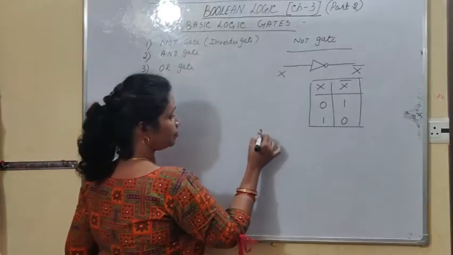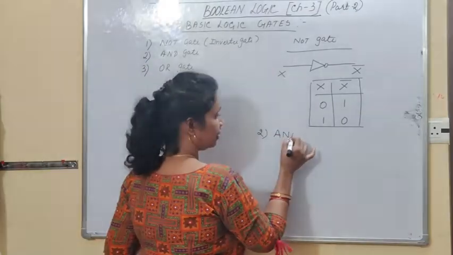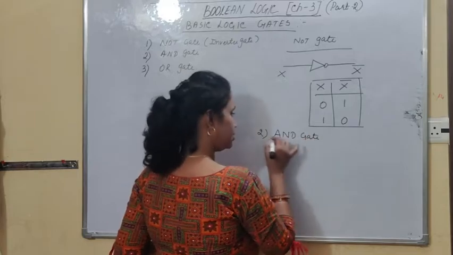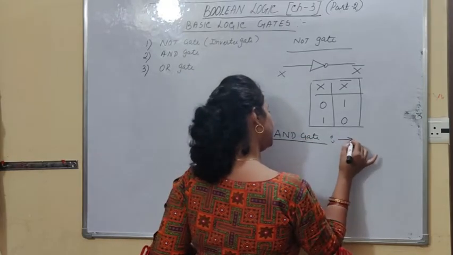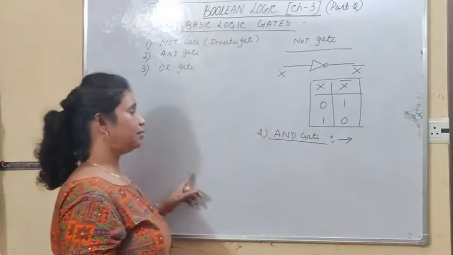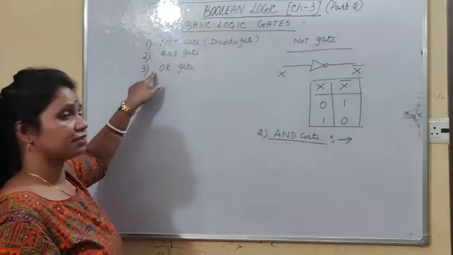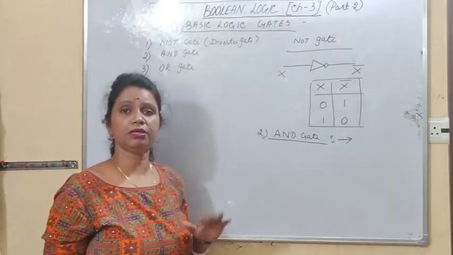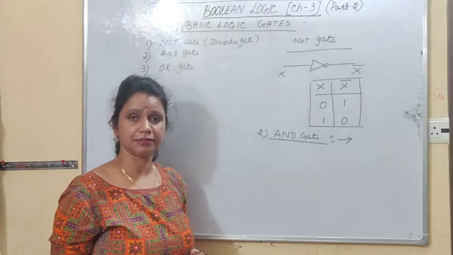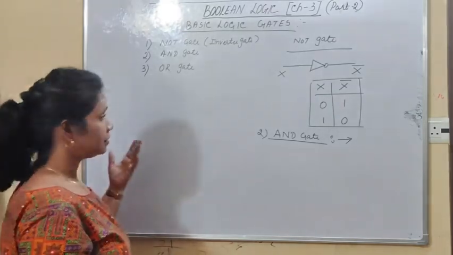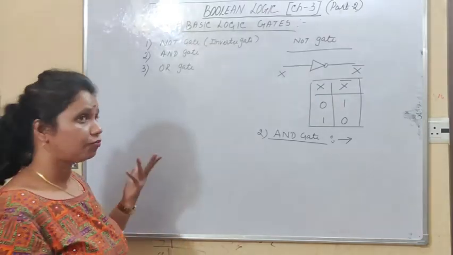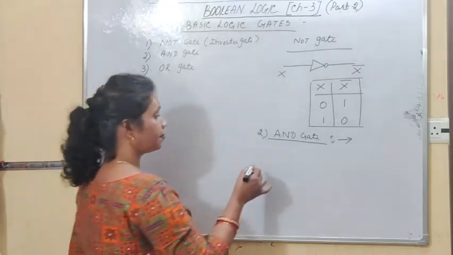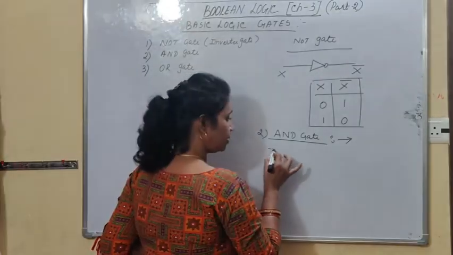So here, the second type of gate is AND gate. Now we will discuss the symbol of AND gate. AND gate and OR gate both operate on 2 or more input signals, right students? And it produces one output signal. So AND gate for 2 variables.